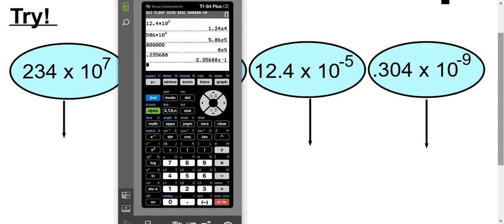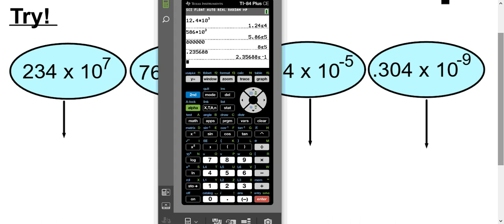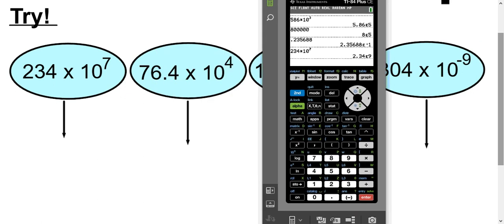So let's do another one with the calculator. Now this is 234 times 10 to the seventh, and I want to convert that to scientific notation. Guess what? I press enter. It's 2.34 times 10 to the ninth.